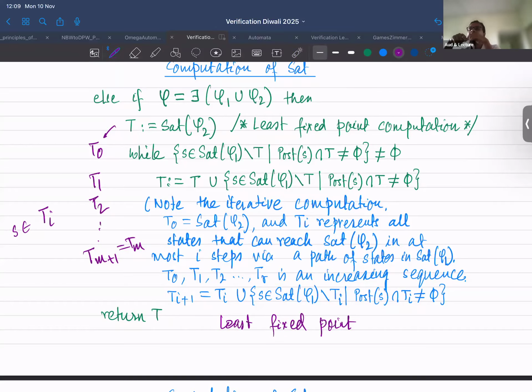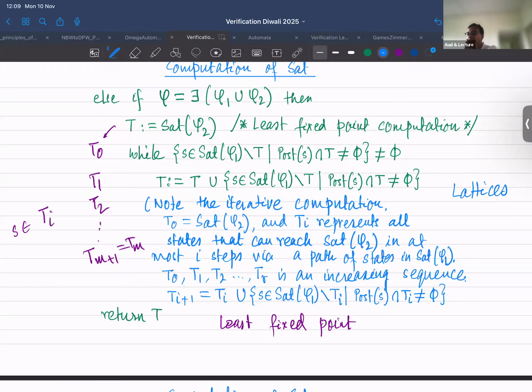On the other hand, I don't know whether you have studied this notion of lattices in the MFCS course. Have you studied lattices? No, not yet. Okay, so this is something I would expect you to read in your MFCS course.